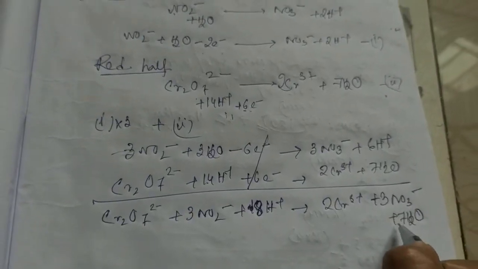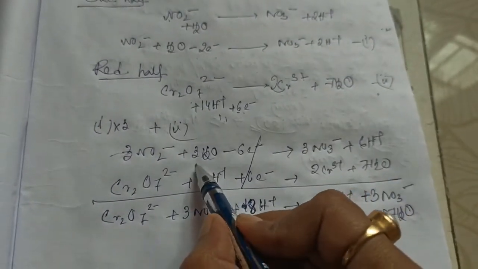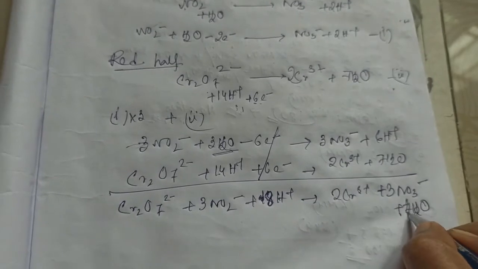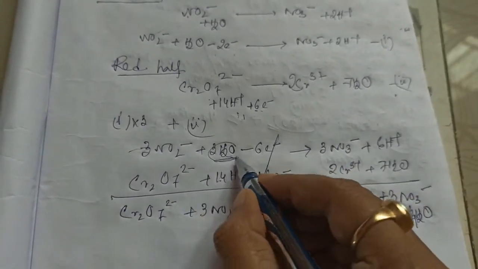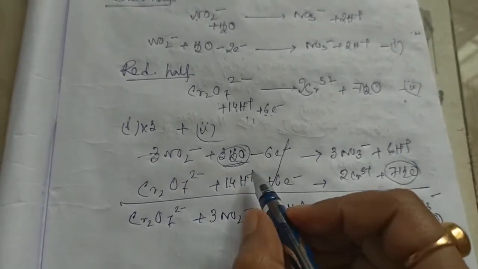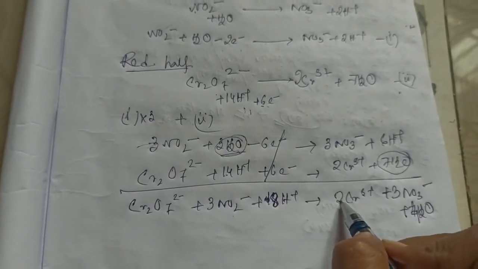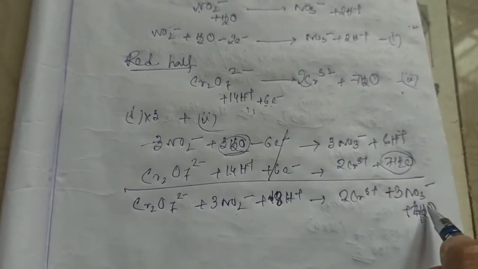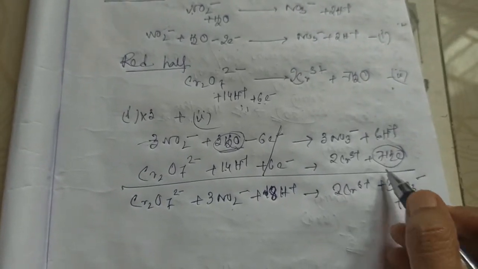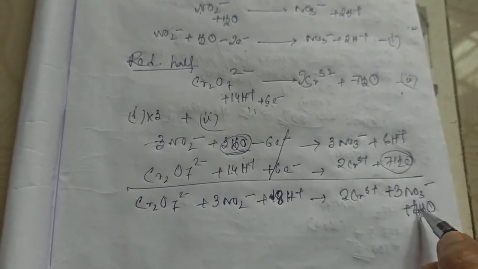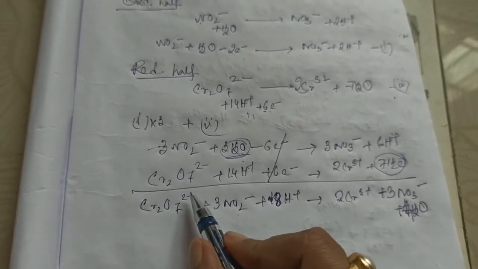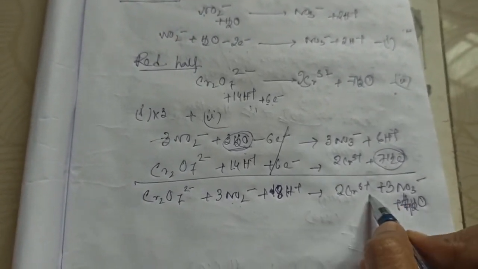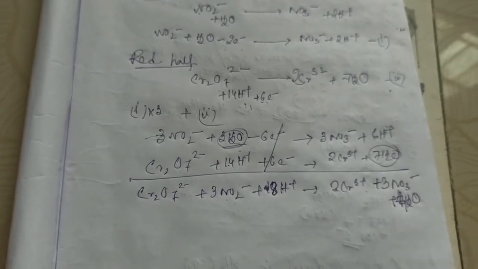So here 7H2O, and here 3H2O was there, so we'll just cancel this part, so we'll make it 4H2O. See here 3H2O and here 7H2O. So you can write one more step by writing H plus on both sides and water on both sides, or you can just do it after writing here, just minus this 3H2O, so it will be 4H2O. So the answer is Cr2O7 2 minus, 3NO2 minus, 8H plus, giving 2Cr3 plus, 3NO3 minus plus 4H2O.